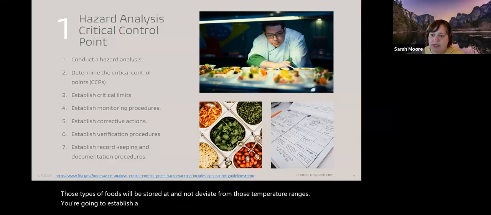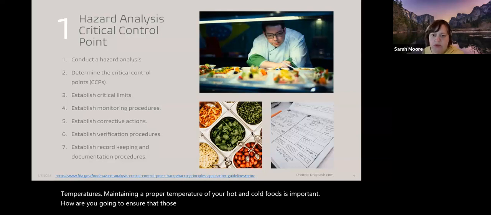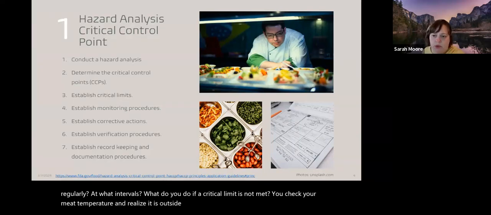So as I mentioned, maintaining a proper temperature of your hot and cold foods is important. How are you going to ensure that those critical limits are met? Are you going to check them regularly? At what intervals? What do you do if a critical limit is not met? You check your meat temperature and realize it is outside your critical limit.